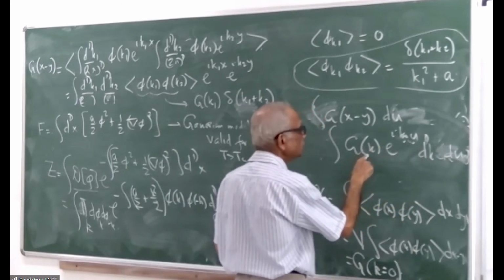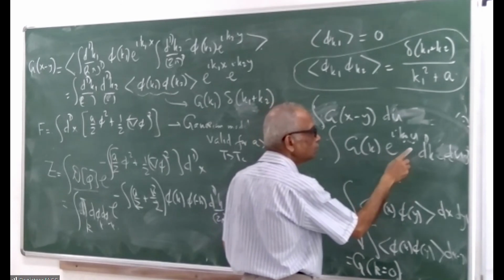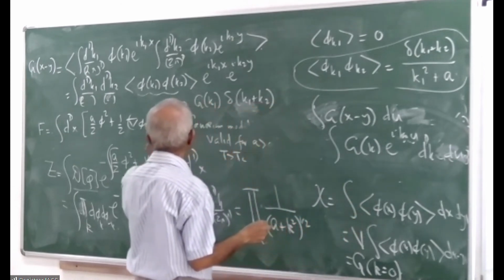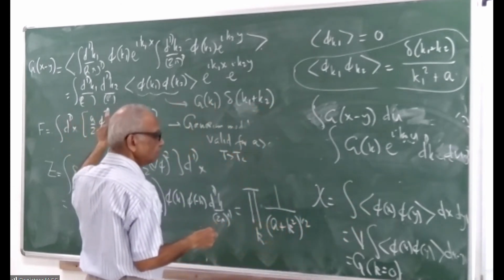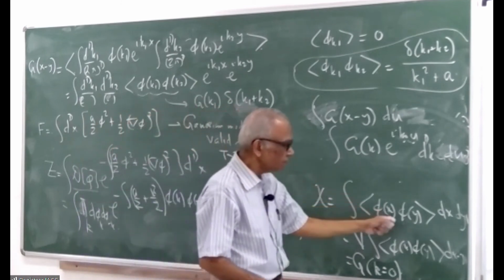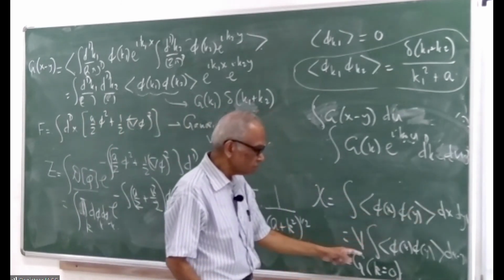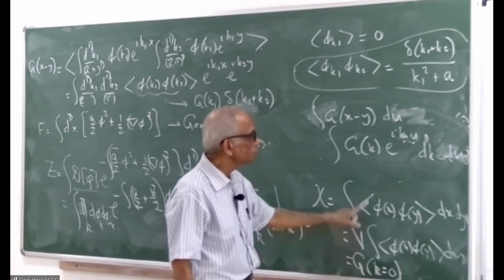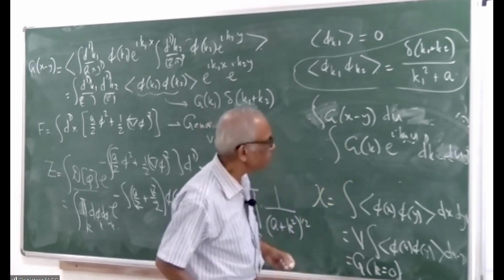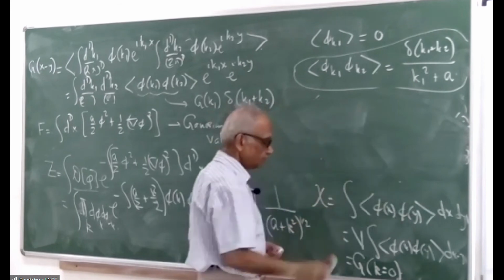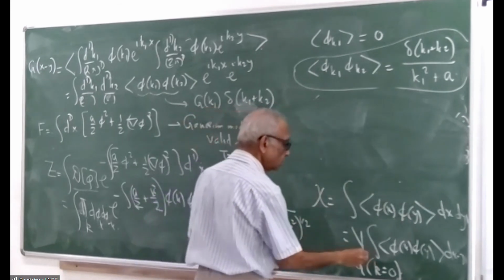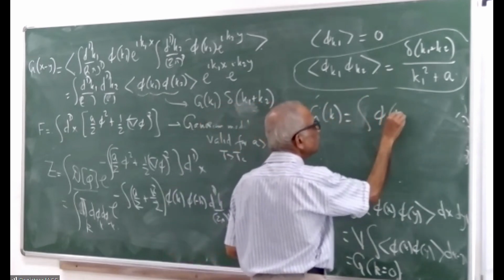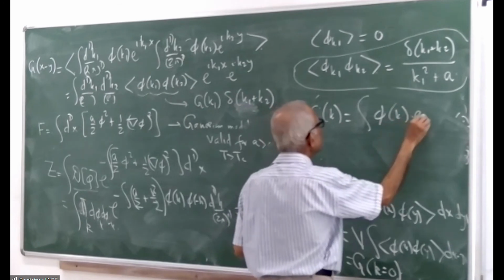I need to pick up the k equal to 0, since I'm looking at the susceptibility. I'm looking at g of x minus y, so phi x phi y dx dy should be g of k equal to 0. G of k is the integral of phi k e to the power.